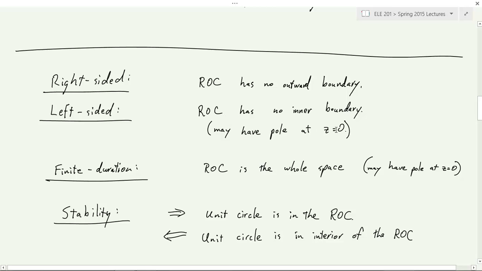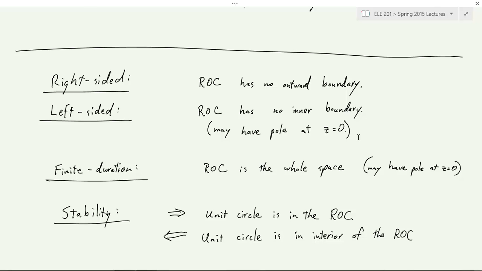The z equals 0 point, even if it's a left-sided signal, might technically not converge. Think about the z equals 0 point as, in the Laplace domain, the infinite horizon as the real part of s goes to negative infinity. So there may be a sort of pole in some abstract sense in the infinite horizon.